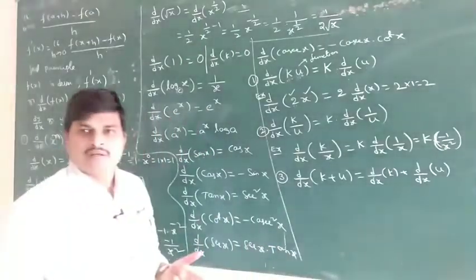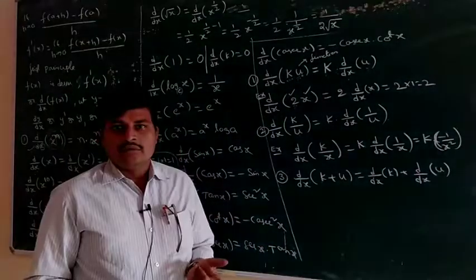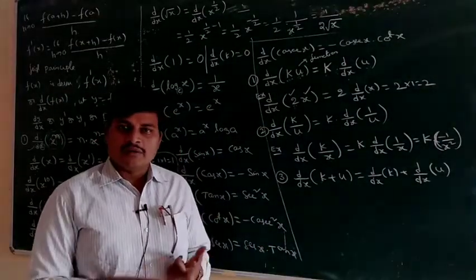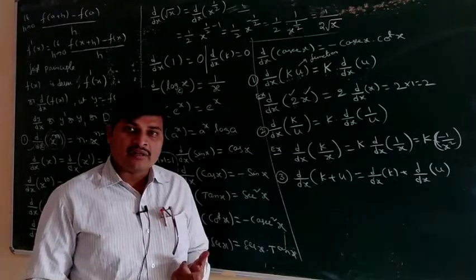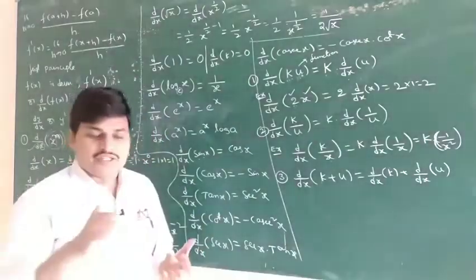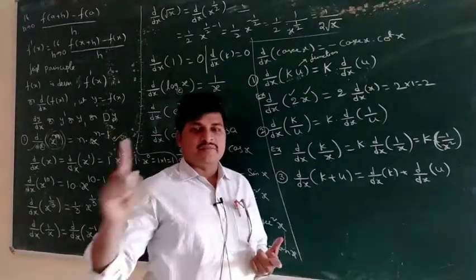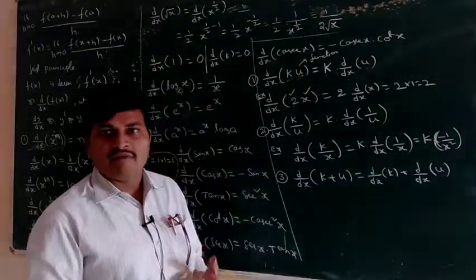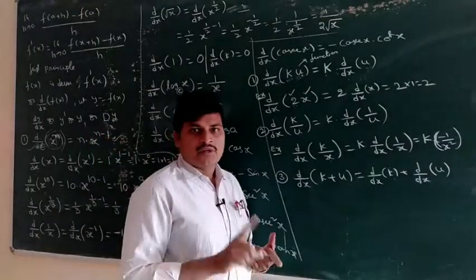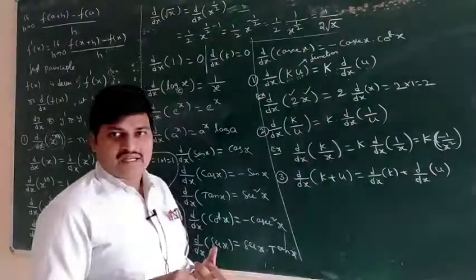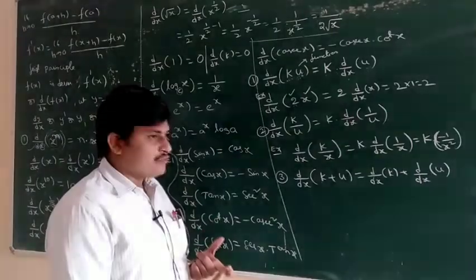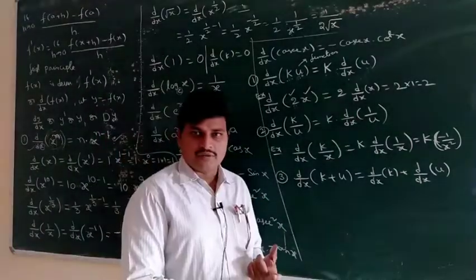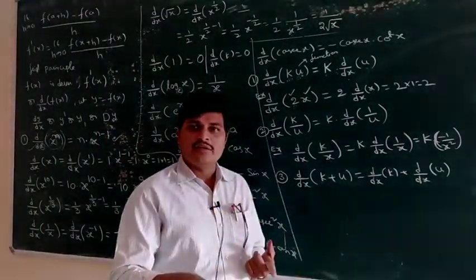0 into something is 0, 0 by something is 0. But 0 plus something is equal to something, 0 minus something is equal to minus something. So the value is there, so not 0. That's why it is clear: 0 into anything is equal to 0, 0 by anything is equal to 0.